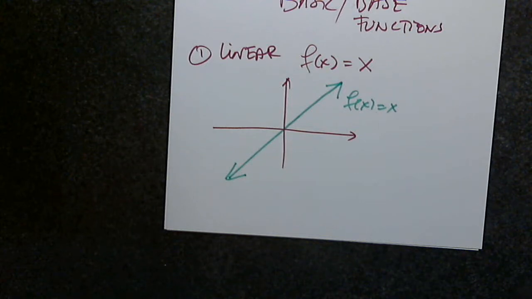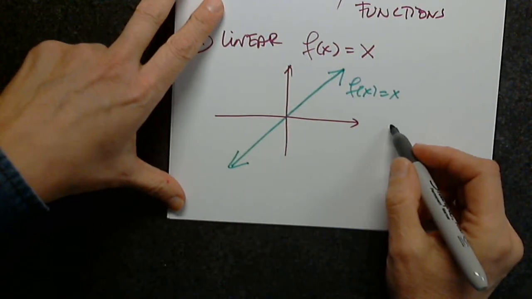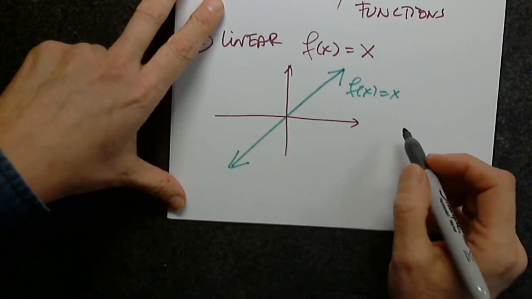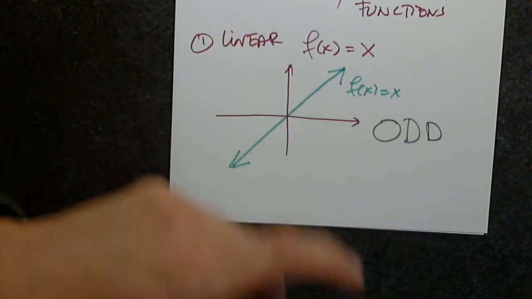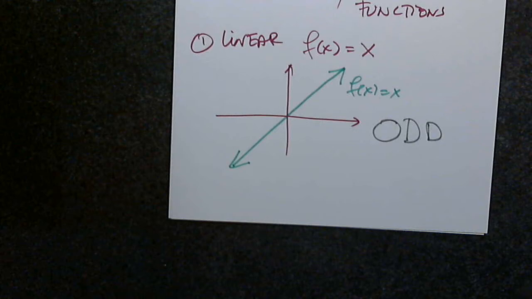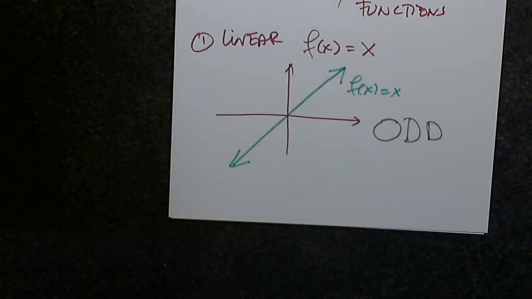And that would be odd. What do you think? The function is odd. It's symmetric with respect to the origin. What you have in the first quadrant, you have a copy in the third. So the function is odd.